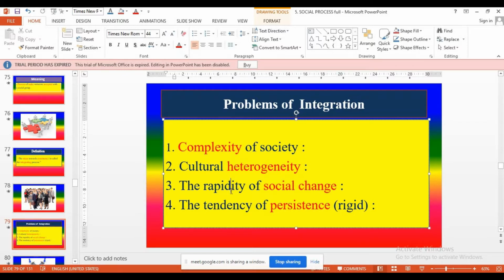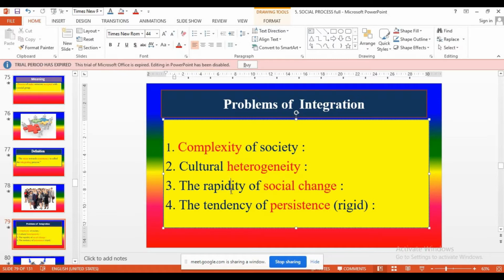Rapidity means speed, unexpected or unpredictable change. In other words, undesirable changes cause problems for integration.